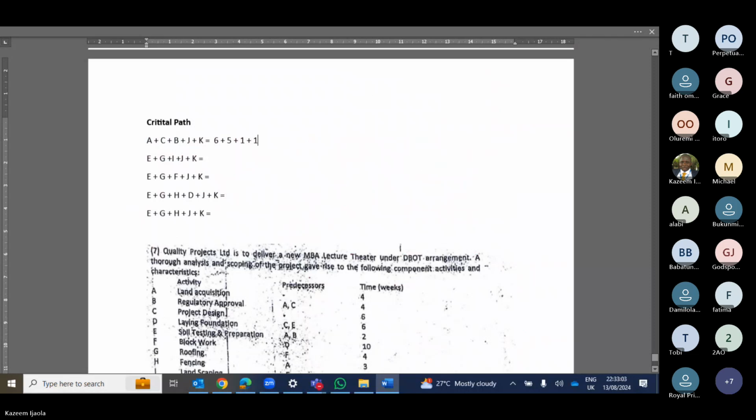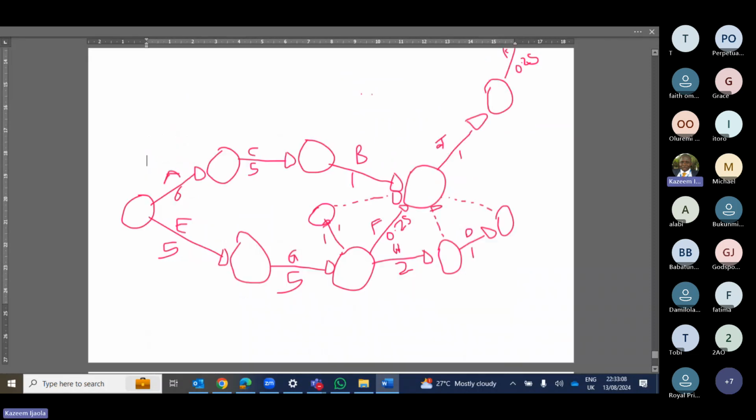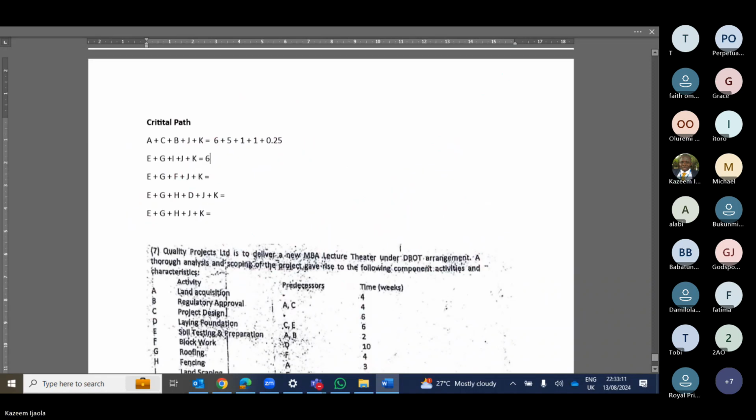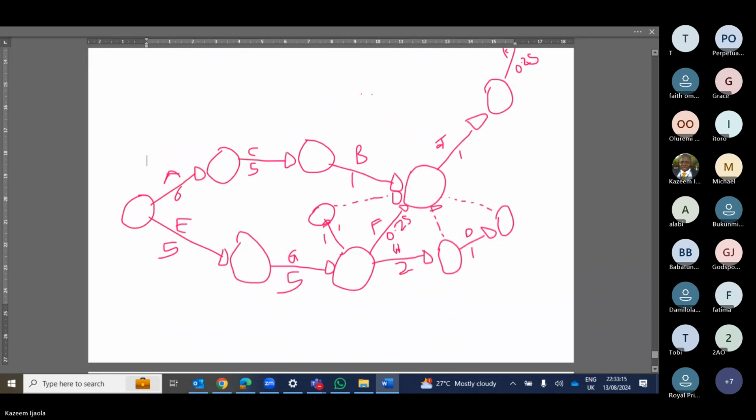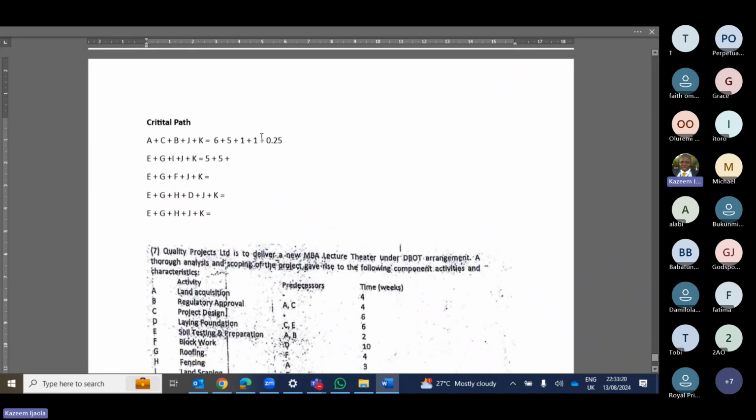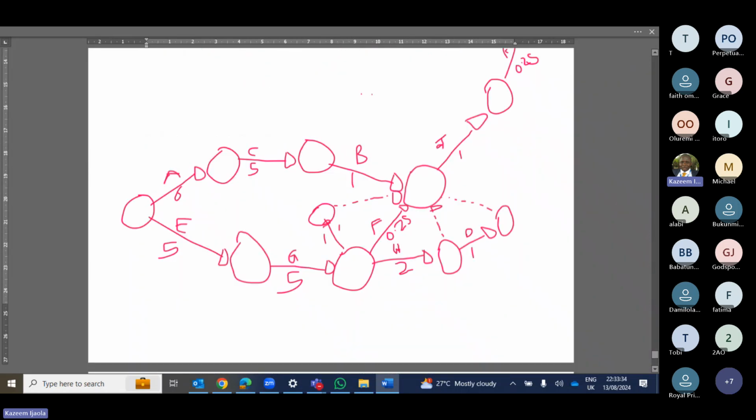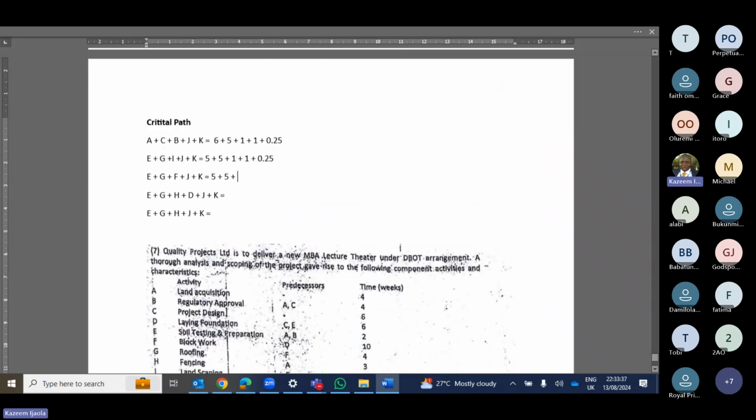0.25. Okay, now the next one, EG. That's 5. EG, H is 1, J is 1, so 10.25. Then this one is EG 5. EGF is 0.25, so 10.25.